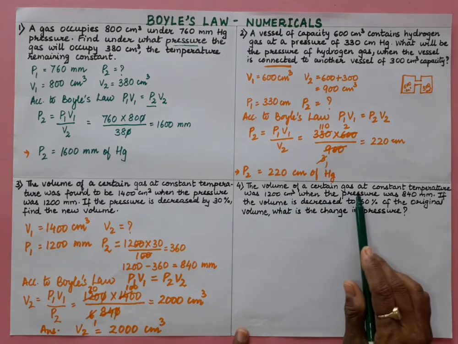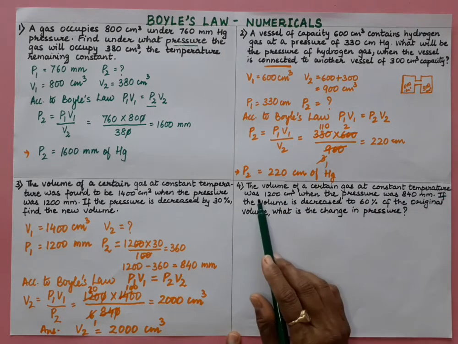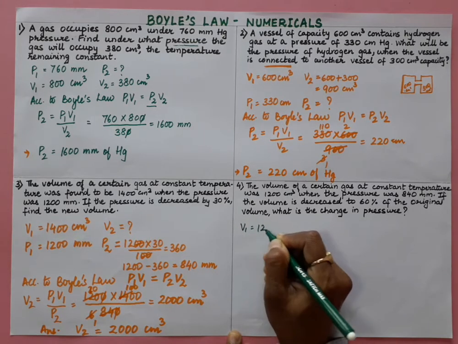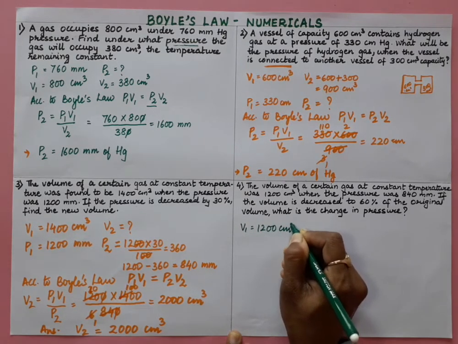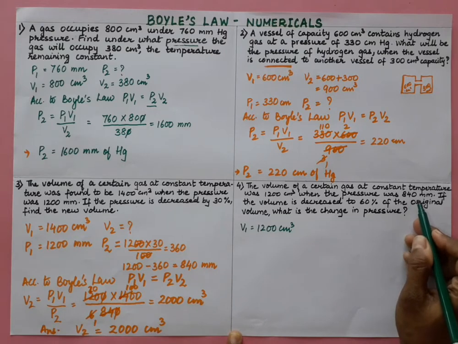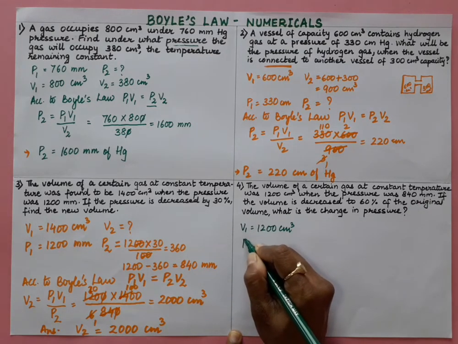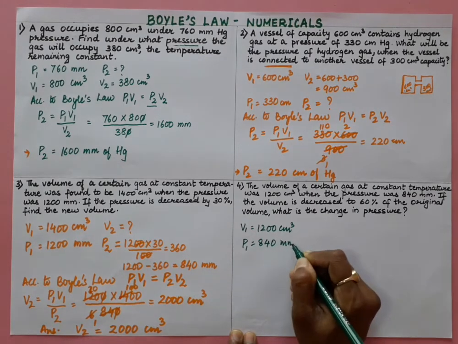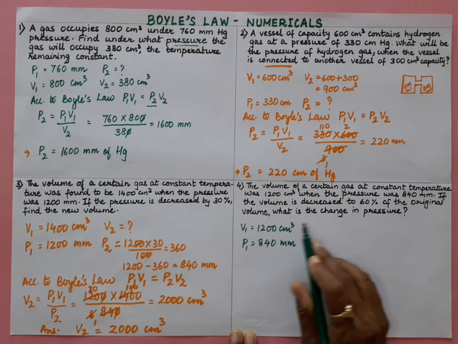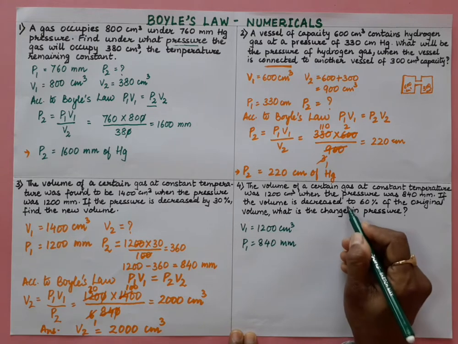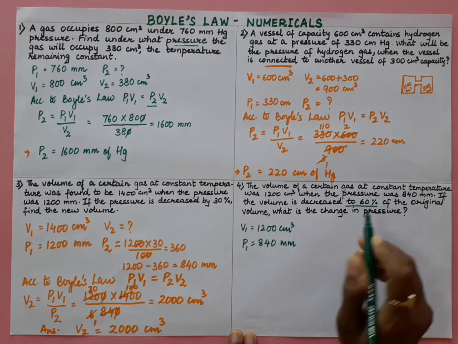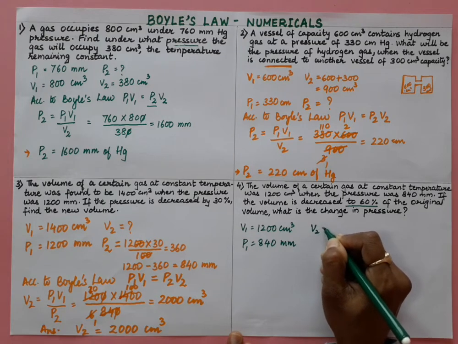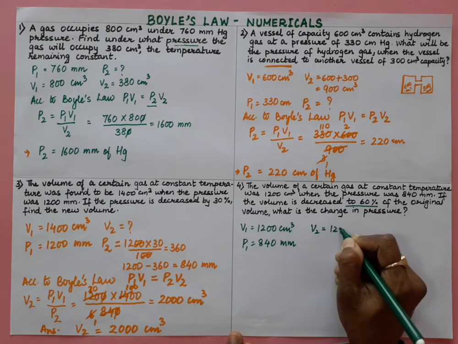The volume of certain gas at constant temperature was 1200. So here your volume is 1200 centimeter cube when the pressure was 840 mm. So here P1 is 840 mm, right? Then the volume is decreased to, we are saying here decreased to, so directly it is decreased. So V1 is 1200, right?